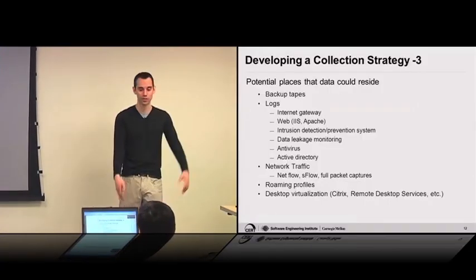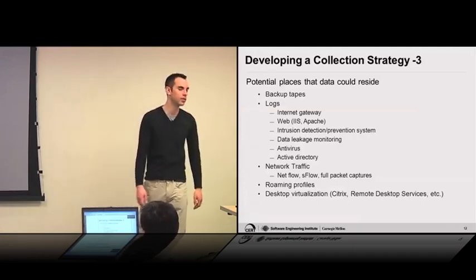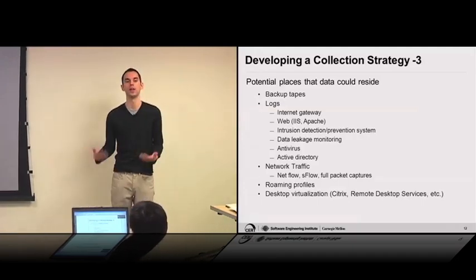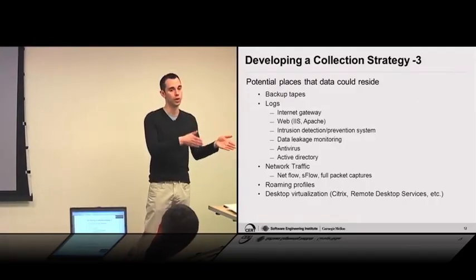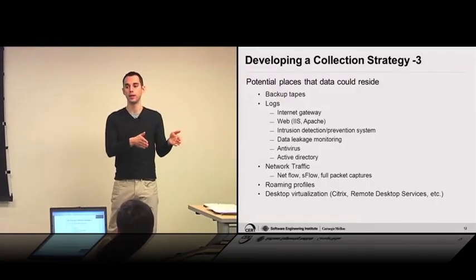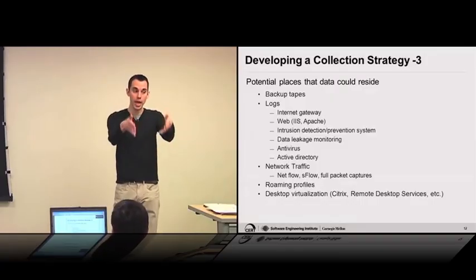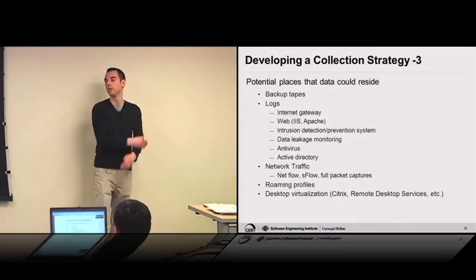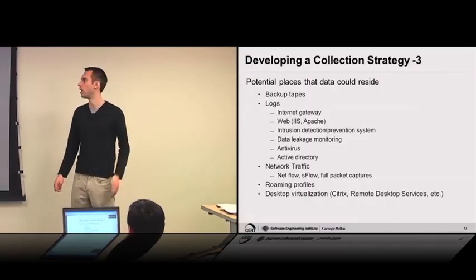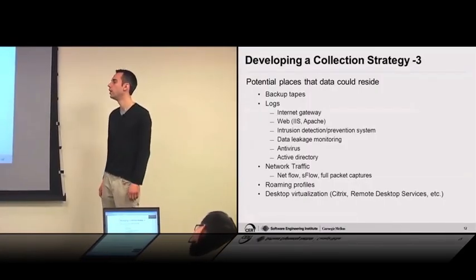Nobody wants to look at logs. They're just gobs of text. Who wants to look at all that? But they can contain a lot of information. One of the benefits is that logs can contain historical information. So while you are responding to the system now, logs will contain information about what happened previously, which is very beneficial to understanding how an event occurred or how it unfolded.